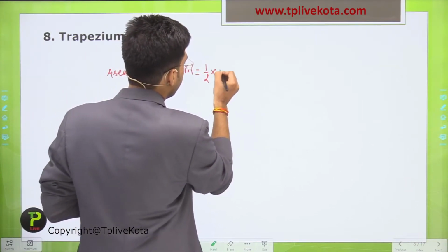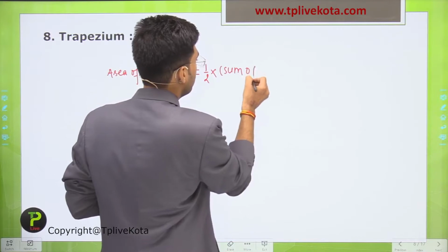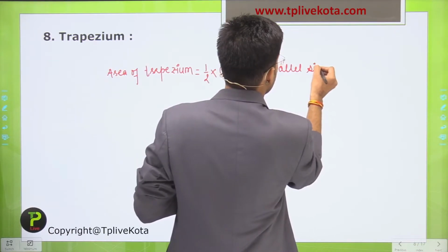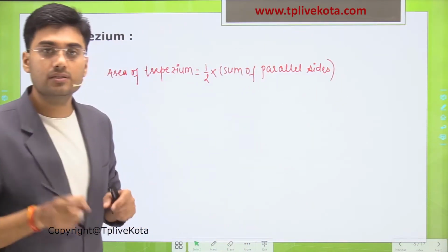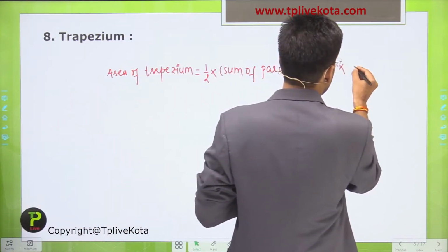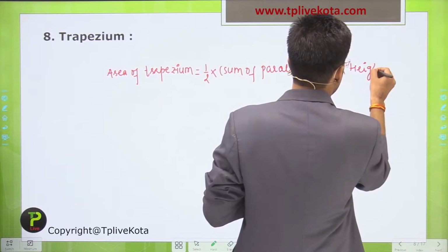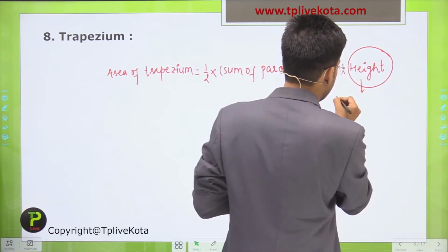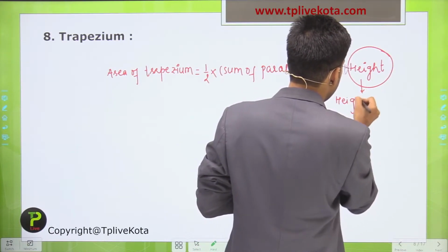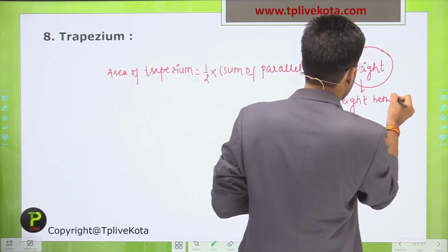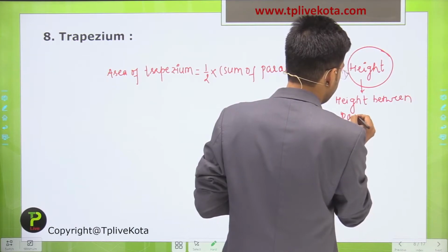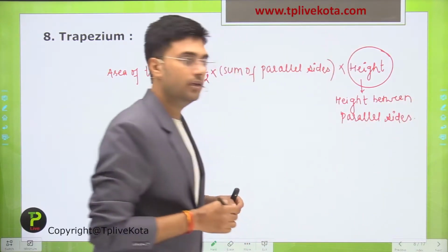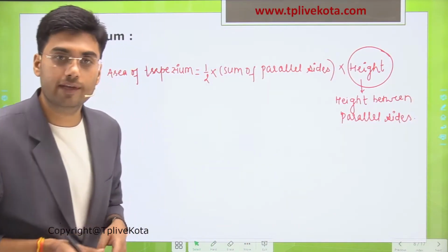Half multiplied by the sum of the parallel sides multiplied by the height, and this height is the height between the parallel sides. Clear? So this is the formula for the area of a trapezium.